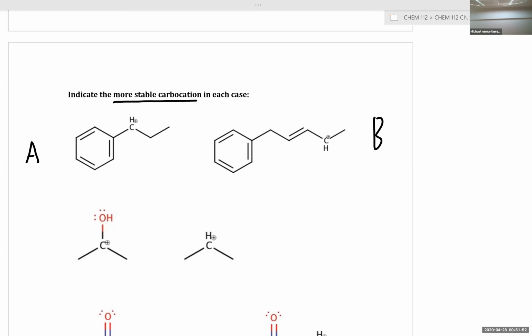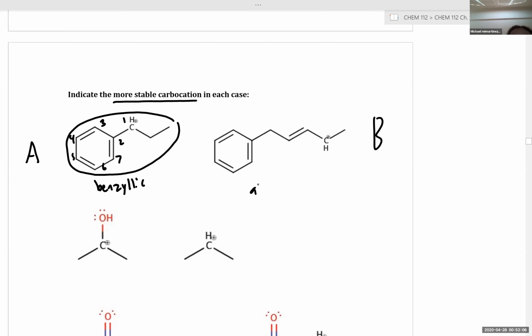So I see a lot of people typing A, that's correct. So we have benzylic, and I count 1, 2, 3, 4, 5, 6, 7 atoms that can participate in resonance versus this allylic carbocation where we have 1, 2, 3. So the more atoms we can delocalize our carbocation charge over, the more stable our carbocation will be.